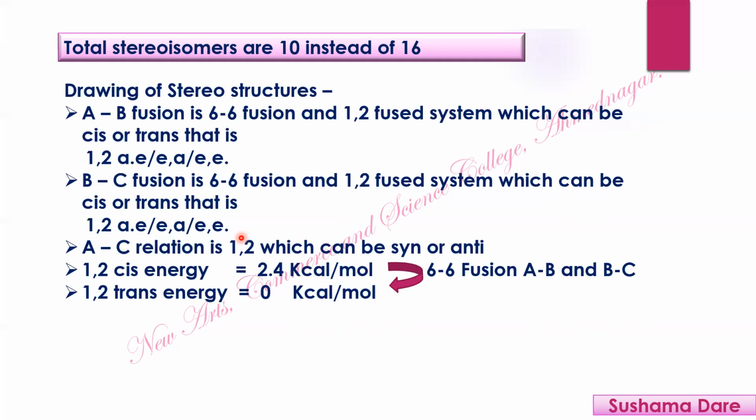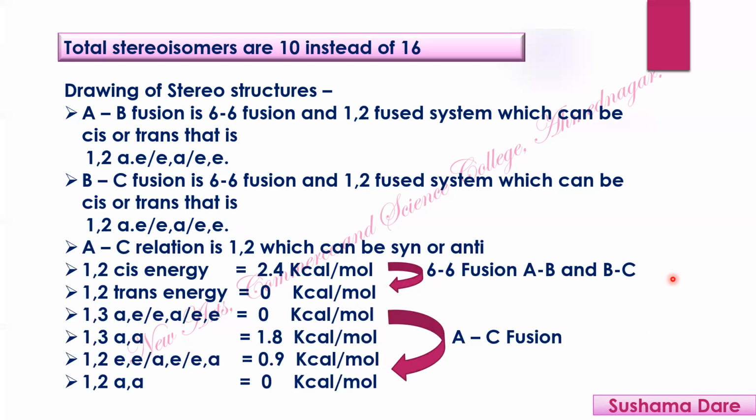In the cis decalin system, that is a 6-6 fusion, the energy is 2.4 kilocalorie per mole, which is the observed one. And of course, the calculated one is 2.7 kilocalorie per mole. While for trans decalin, it is 0 because of the absence of butane-gauche interaction. So this is with respect to the 6-6 fusions, AB and BC.